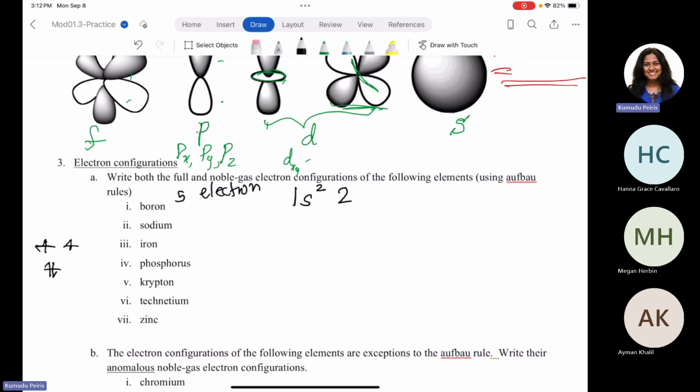In the second energy level, we have 2 types of orbitals, 2s and 2p. Again, any s orbital can have a maximum of 2 electrons. So now we have filled 4 electrons, 2 plus 2 equals 4. How many electrons are left? Just one. That remaining electron will go to the p orbital. So the electron configuration for boron is 1s2, 2s2, and 2p1. Questions?